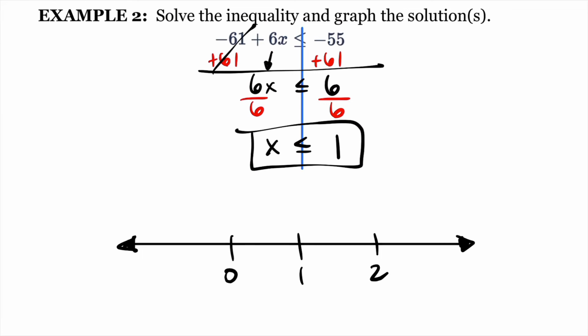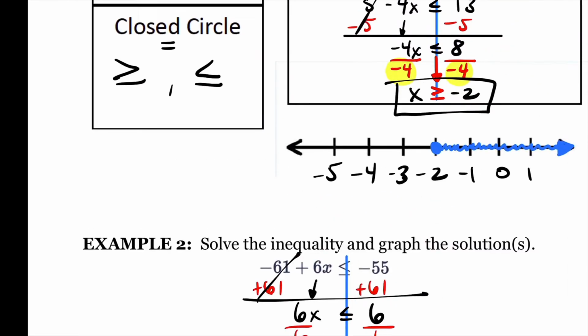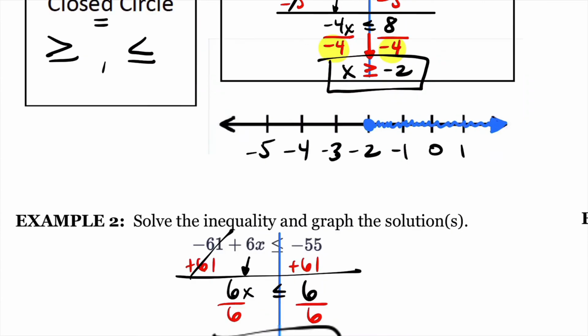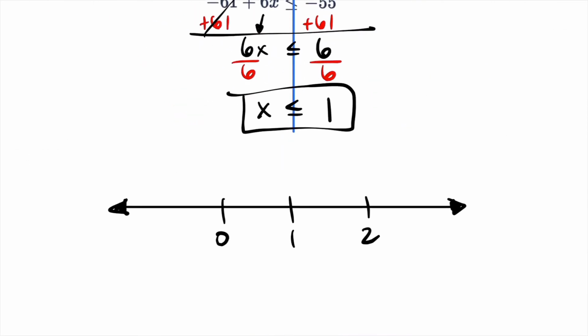Am I going to have an open dot or closed dot? Which symbol is it? Closed. Okay. Here we go. Which way am I going to shade? So this is how you tell. X is where I shade.